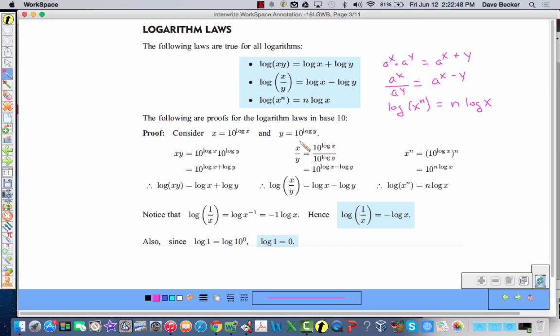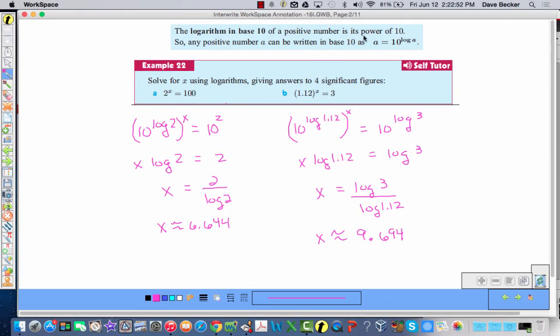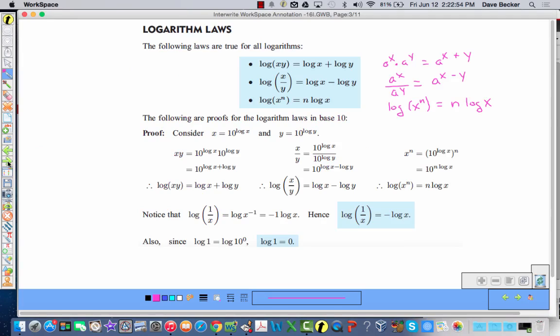And it's based on this relationship right here. Log of 1 over x is equal to the negative log of x because of this right here. And log of 1 is equivalent to log of 10 to the 0. So the log of 1 is equal to 0.